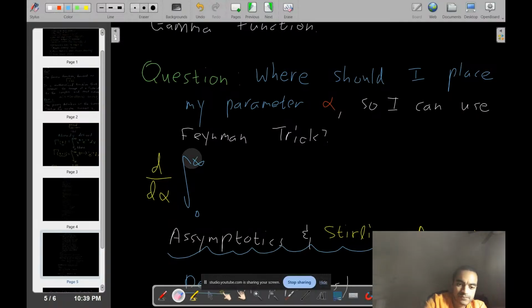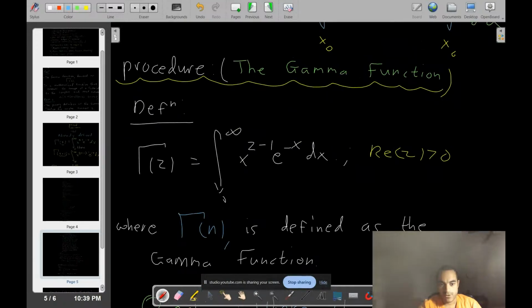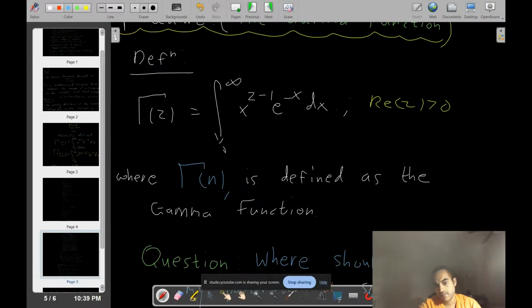Sorry, I should be saying I prime of alpha, so capital I of alpha, initially, because that's what we had. So I of alpha in this case is my gamma function, gamma of z.